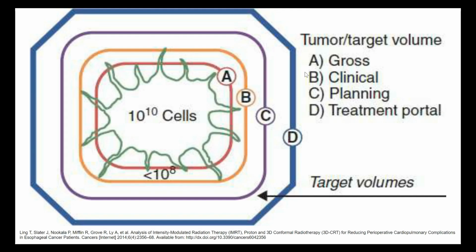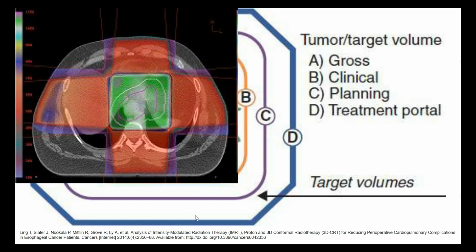Now, if you remember this diagram, we had talked about the gross tumor volume, the clinical target volume, the planning target volume, and the treatment portal, right? So if you see this 3D plan, you will be able to see that this is the gross tumor, while this is the area of subclinical spread, that is the CTV, clinical target volume. Then we gave a margin for uncertainties, making the PTV, the planning target volume.